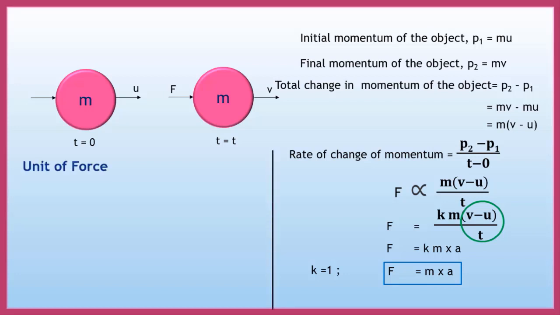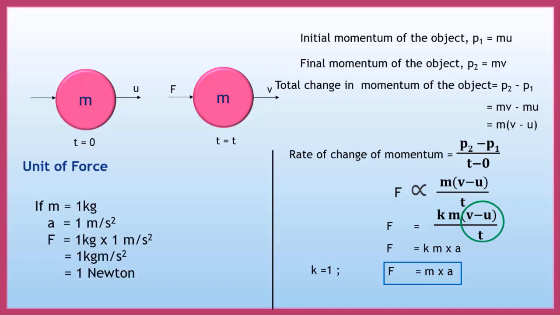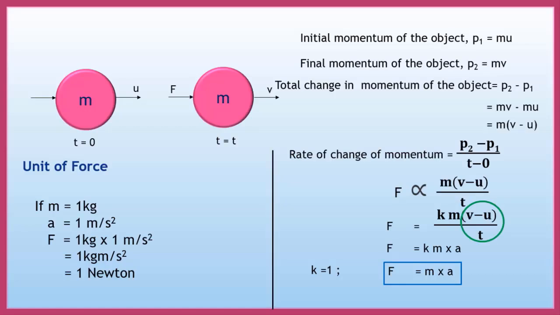Now let's talk about the unit of force. We know that mass is 1 kg, and acceleration, if it is taken as 1 meter per second square, put the values in the formula, and what you will get? 1 kg meter per second square, and this 1 kg meter per second square is also known as 1 Newton. So if the question comes, what is the SI unit of force?